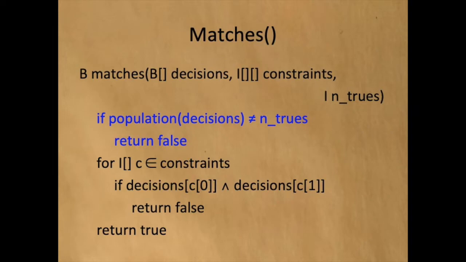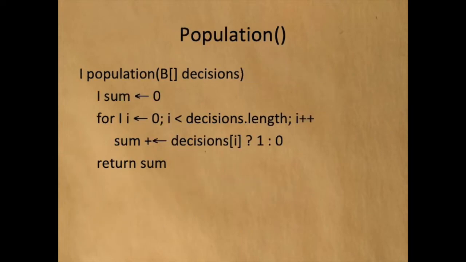If not, it returns false. Then it checks every constraint C. If the constraint is violated, if both decisions for constraint C are true, then it returns false. And finally, if it matches all of the constraints above, then it returns true. The population function simply counts the number of truths in the vector.